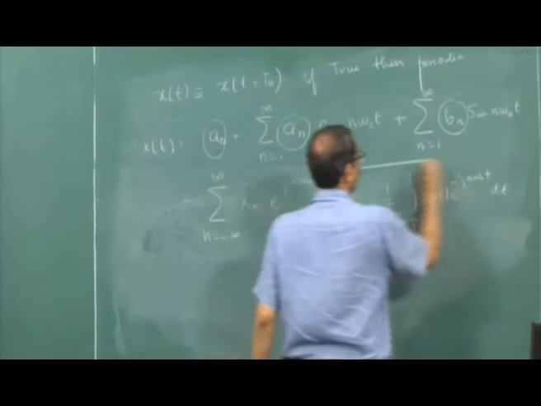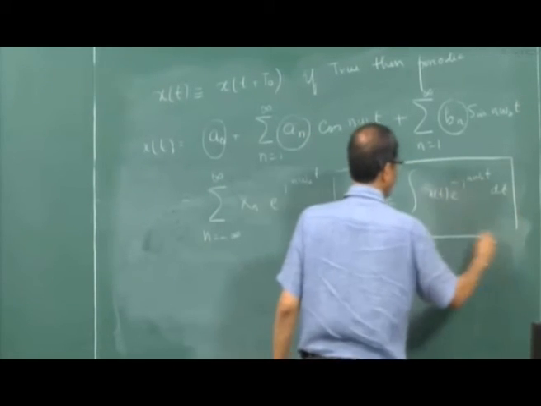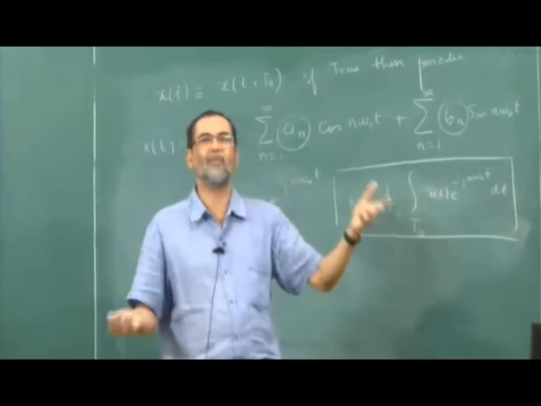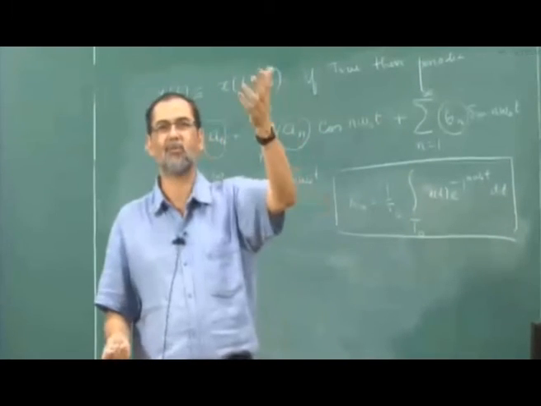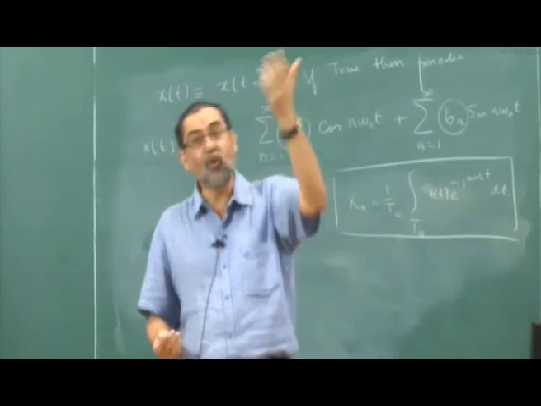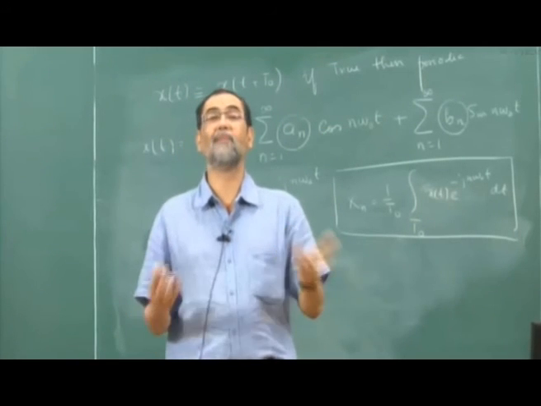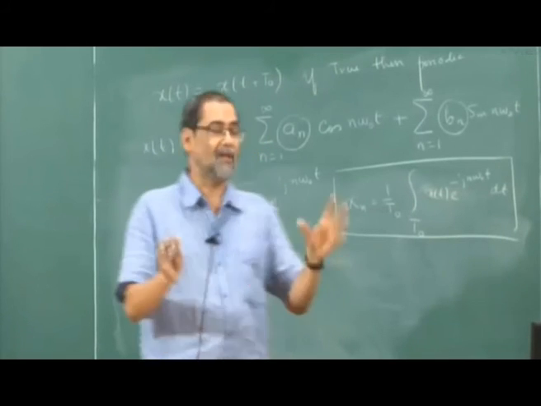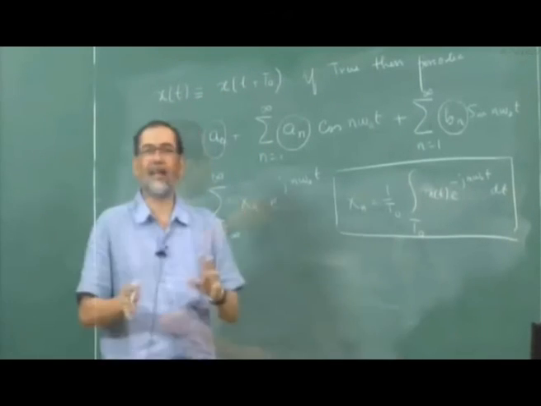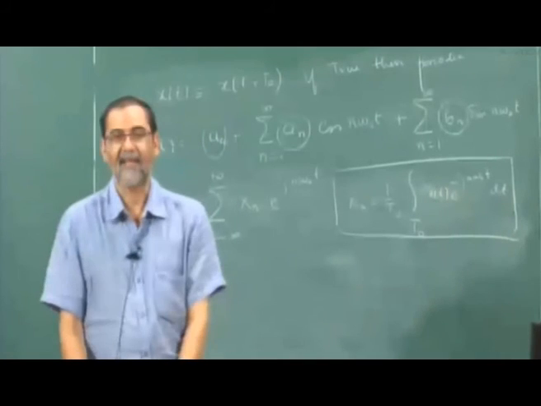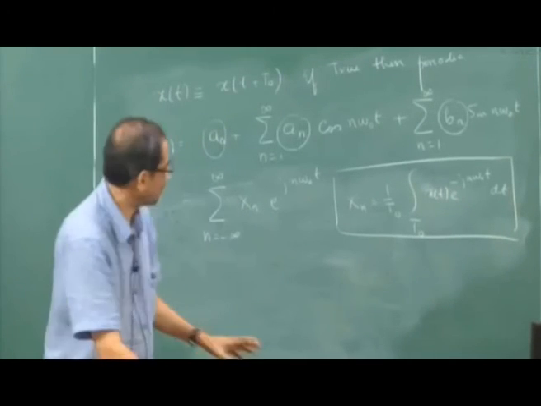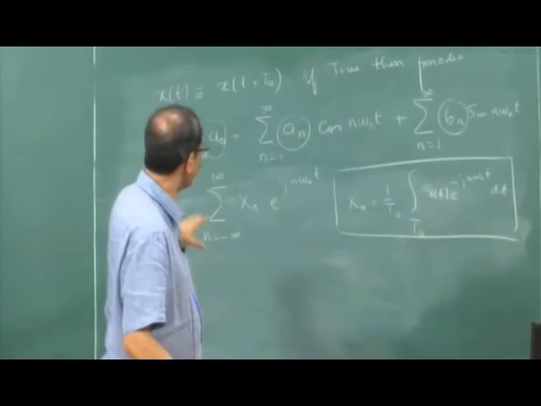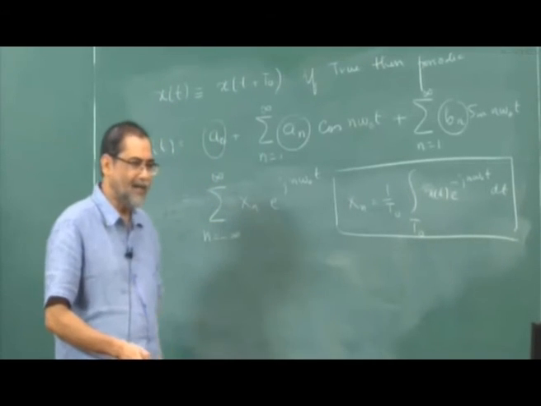So remember, in the previous case, for a naught, an and bn, we had different formulas. In one case there was just 1 by t naught, in the other case it was 2 by t naught. So you would have to remember where to use 2 by t naught and where to use 1 by t naught. But in the exponential form, that asymmetry is not there. Everything is very nice. It's simply given by this. I will come back to why this form is important in a minute.